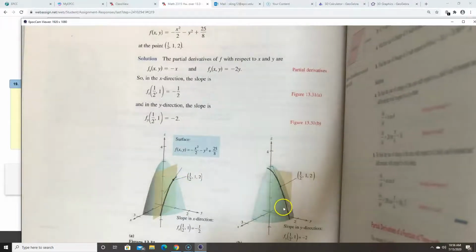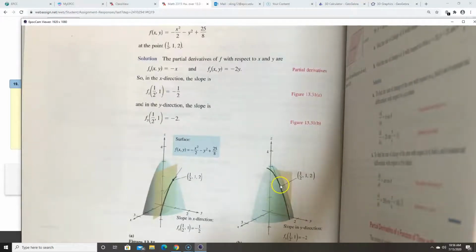Over here you see the same surface, the same point, and then you see a different plane cutting through the surface. It's coming straight down, perpendicular to the xy coordinate plane, or parallel to the z-axis, and it's cutting through at x equal to 1/2.